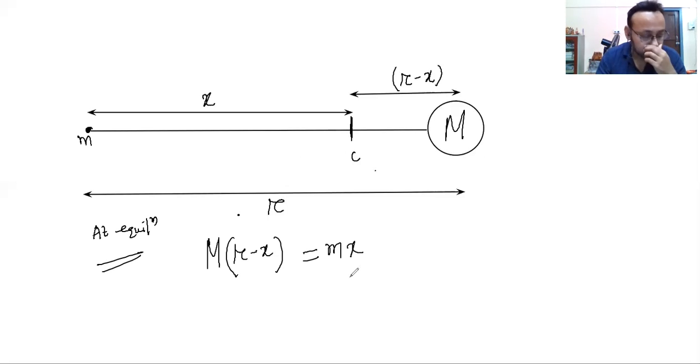The moment of mass should be equal for both. So now you have written mx equals M(r minus x). Let us solve this.